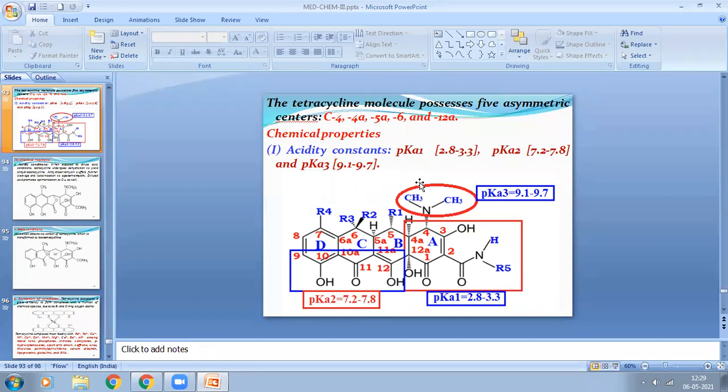Sulfuric acid is a conjugated acid. Can you tell me, in sulfuric acid, which part is the acidic part and which part is the basic part?